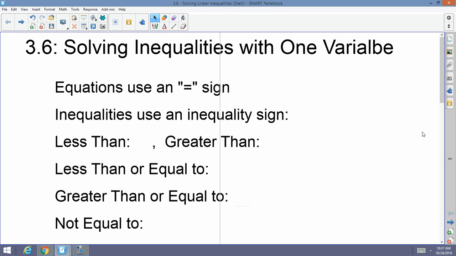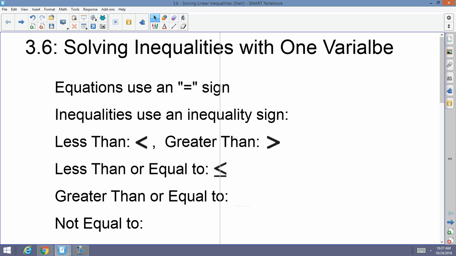If you're talking about an equation, we use the equal sign. Hence, equation, equal, no big deal. Inequalities are a little bit different. When you use an inequality sign, you can have less than, you can have greater than, you can have less than or equal to, which has the less than and also a line underneath that.